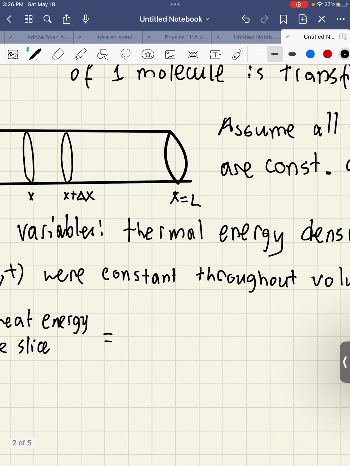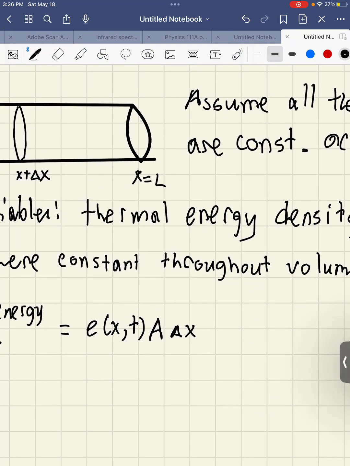So I can rewrite it as the thermal energy density times the area times the length of the slice. Here I can define this as the volume of the thin slice.